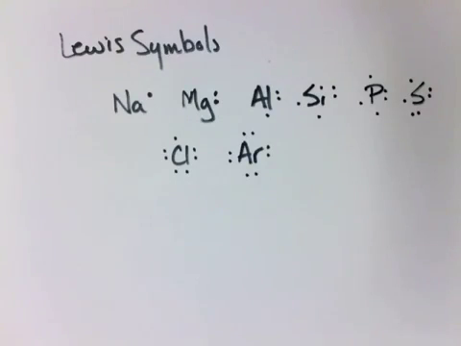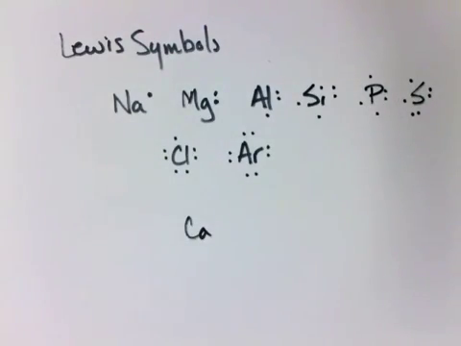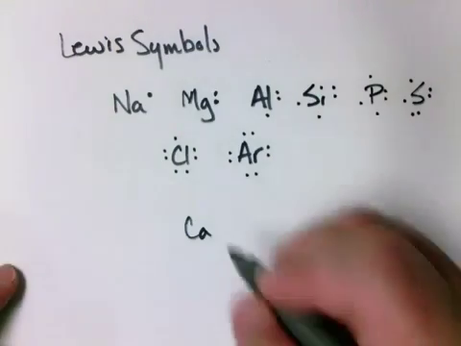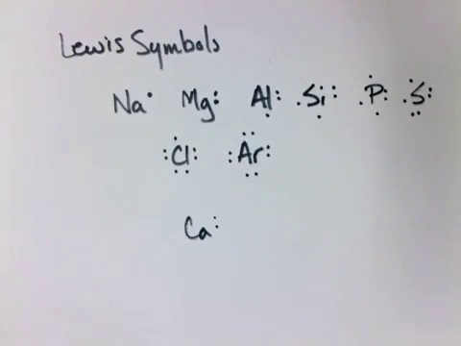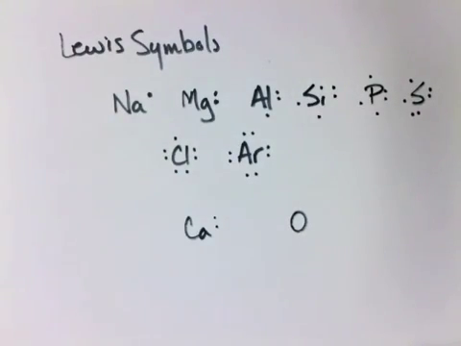Let's look at another one. Let's go with calcium. Calcium is in the second column, which means that it has 2 electrons in its s subshell. So we just have to put 2 electrons like that. If we consider oxygen, oxygen is in the 4th column of the p block, and so that means it has 4 electrons in its p subshell.